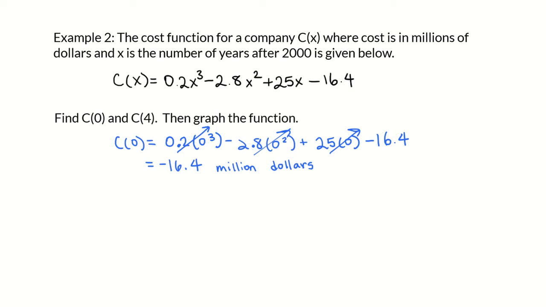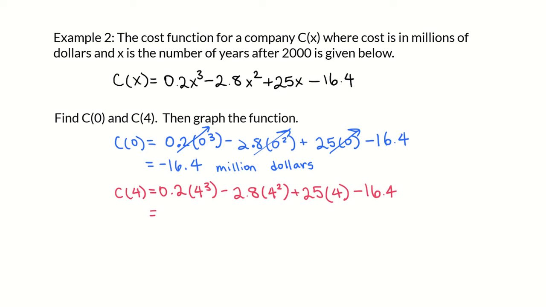Okay, now let's find c of 4, which means plug in 4 for each x. That would be 0.2 times 4 cubed minus 2.8 times 4 squared plus 25 times 4 minus 16.4.